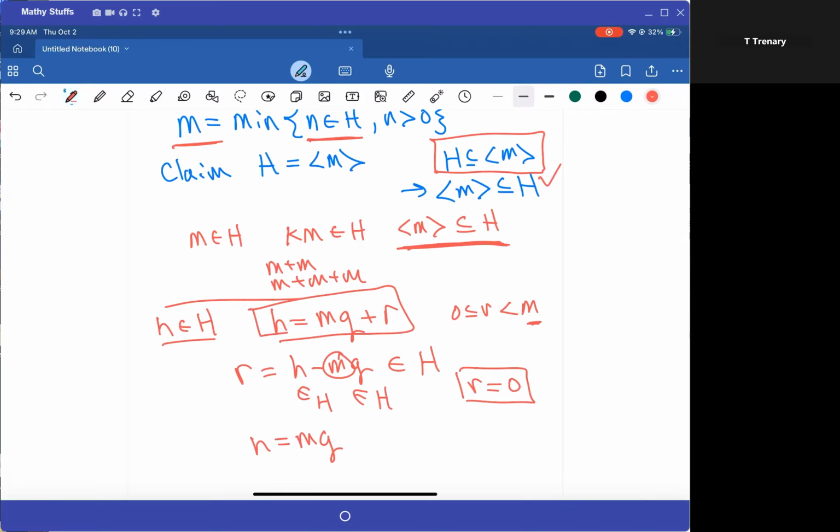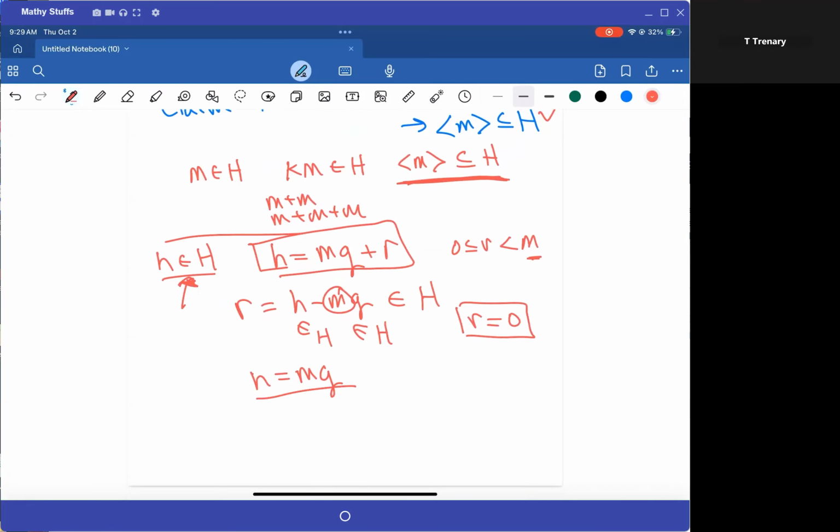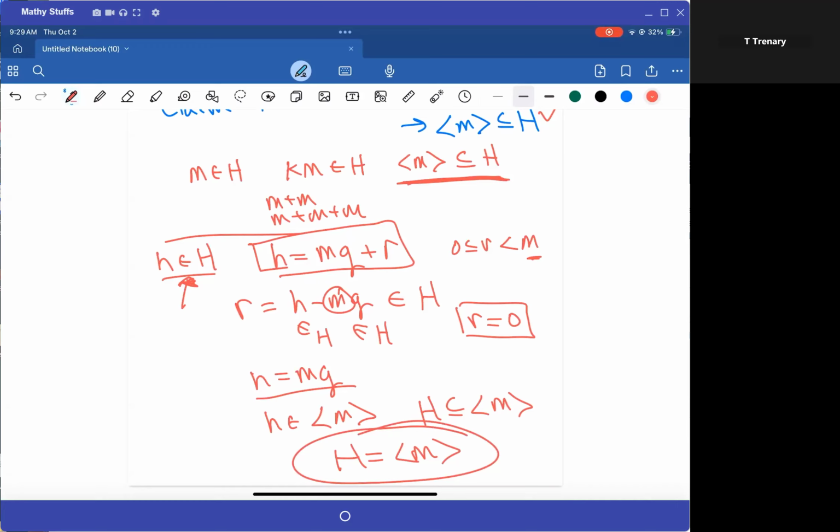So in other words, that H that I took from the arbitrary subgroup H is actually a perfect multiple of M, and that means it is in the cyclic group generated by M. And now we've got the other inclusion that we need, and we can conclude that those two sets are equal.